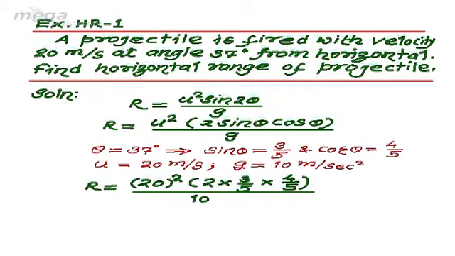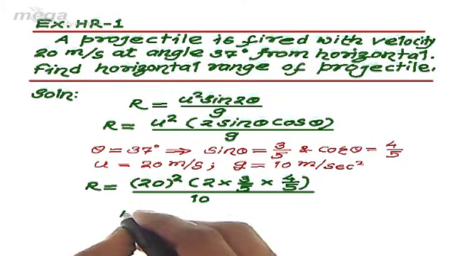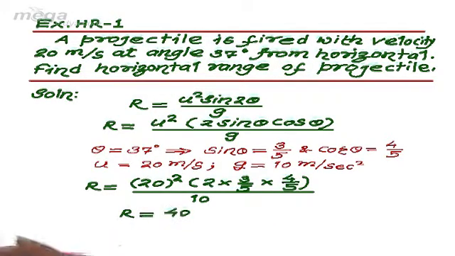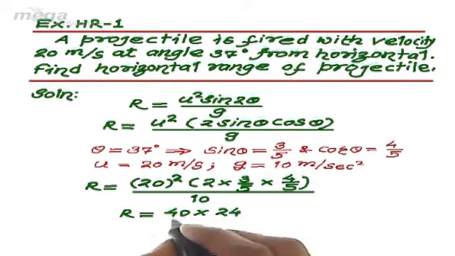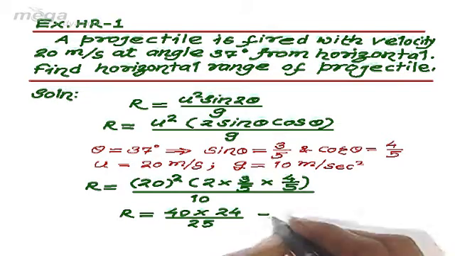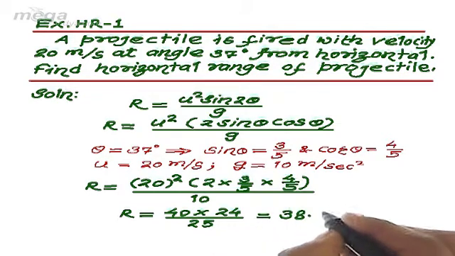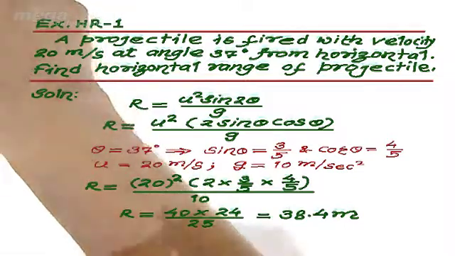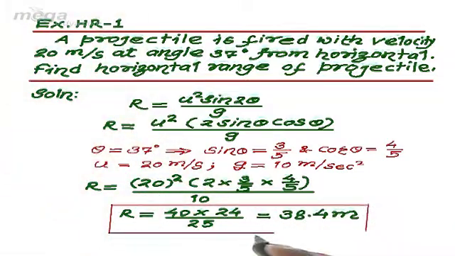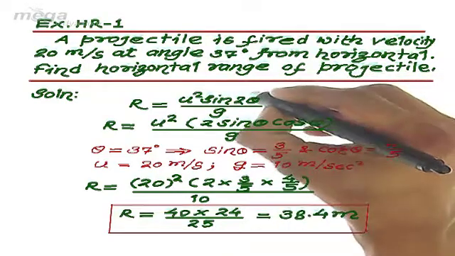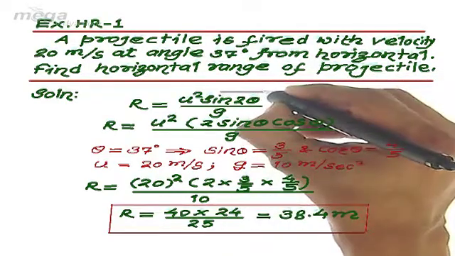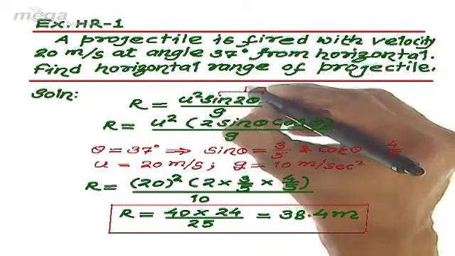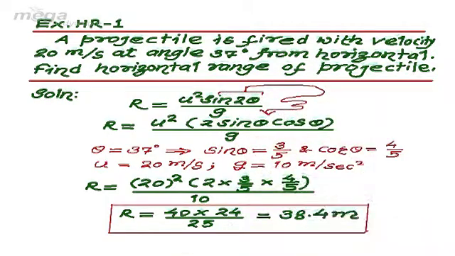So we get that range R is equal to 40 into 24 divided by 25, or 38.4 meter, which is the desired answer for this example. I have used a formula from trigonometry for sine 2 theta: I have written 2 sine theta cos theta.